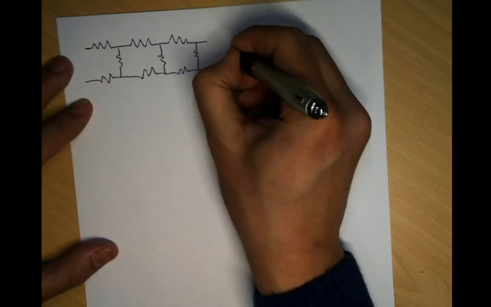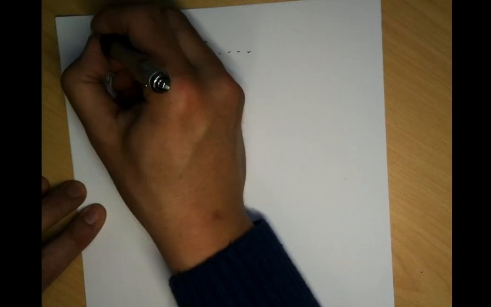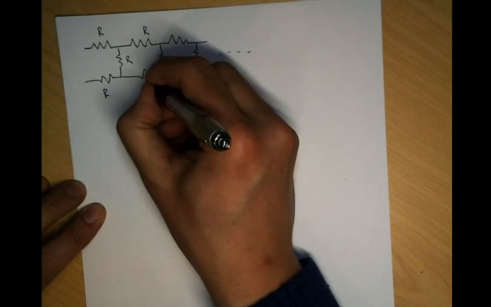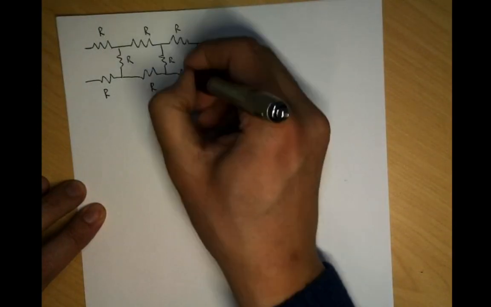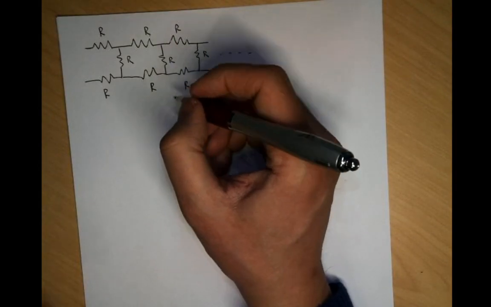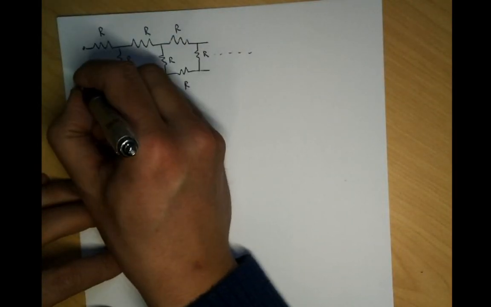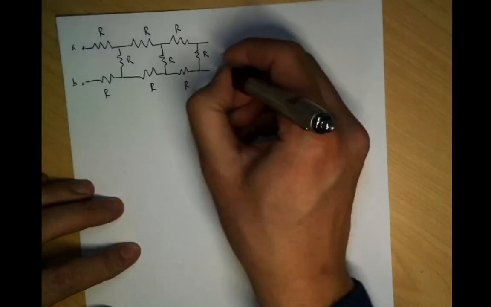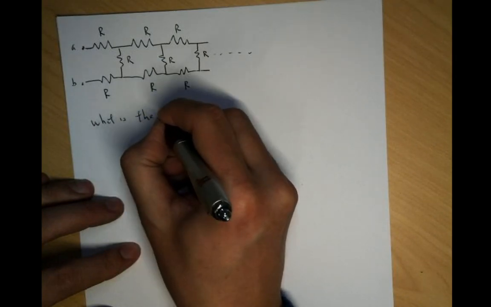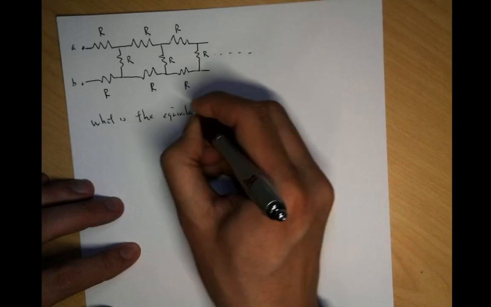And this just goes on forever. I'm going to give these things the same resistance, R, R, R, R, R, R, R, R, R. So the question is, between these points A and B, what is the equivalent resistance?